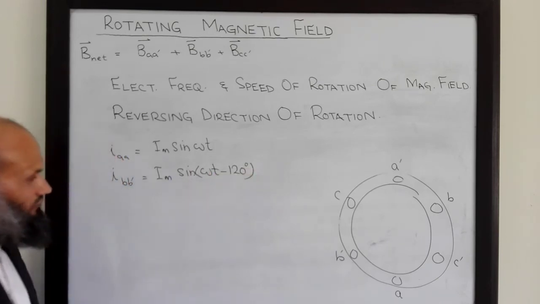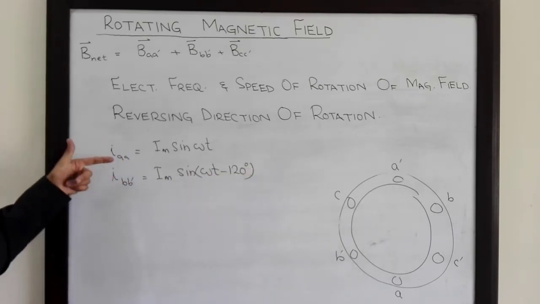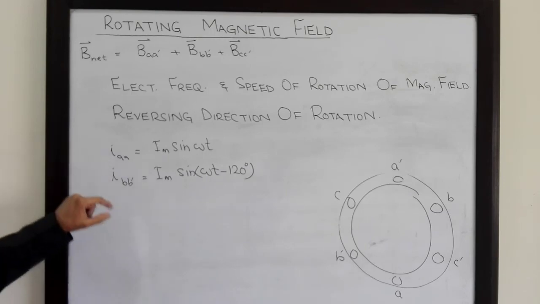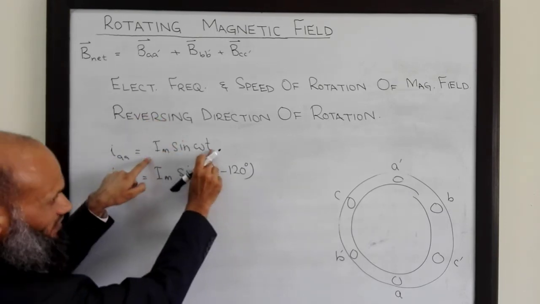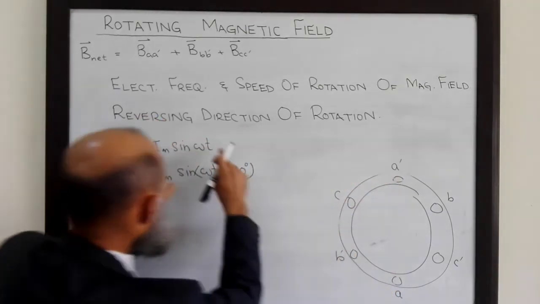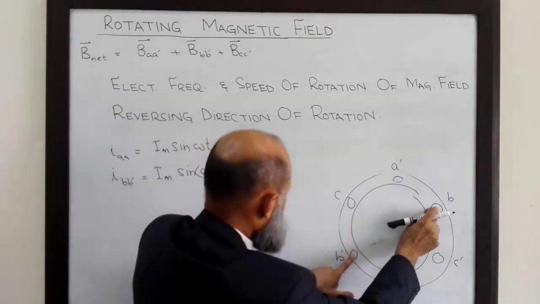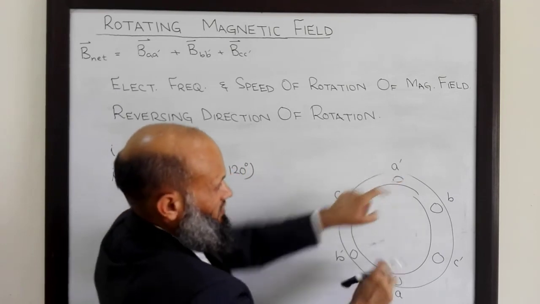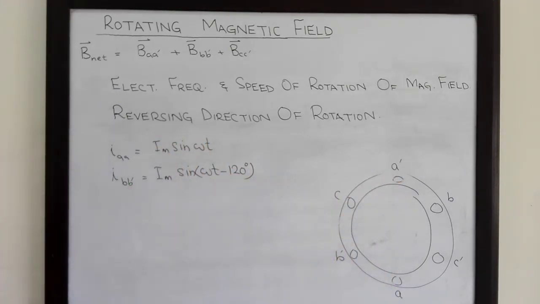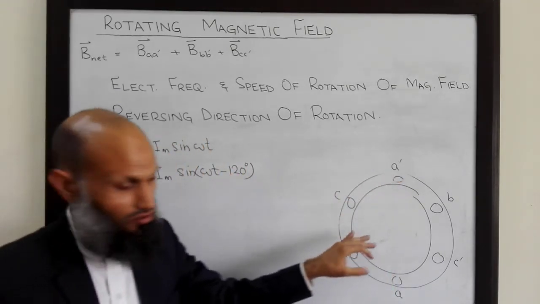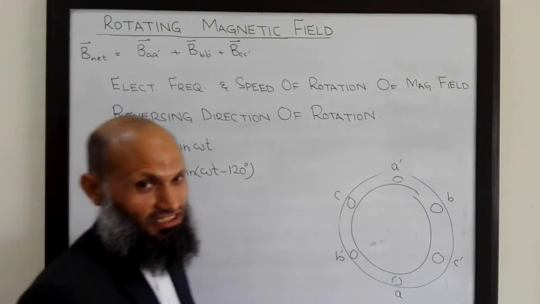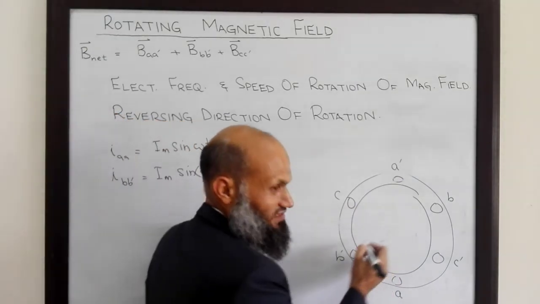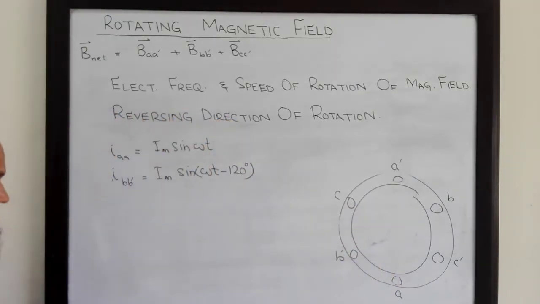degrees. So if we just swap these two windings, that is, instead of supplying this current to this coil, we supply this current to this coil and this current to this coil. Swap the electrical connections of any two coils, then the direction of rotation of the flux density vector will also reverse.